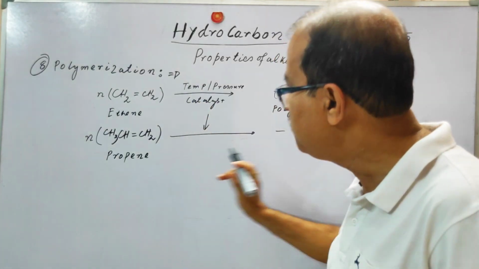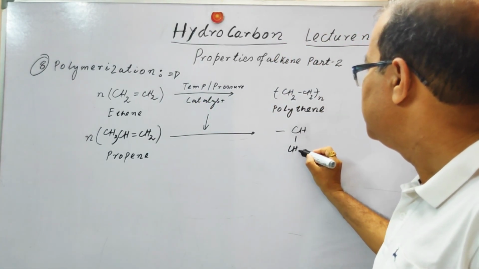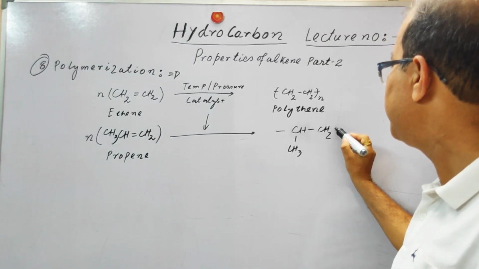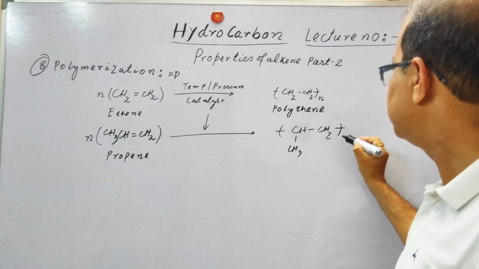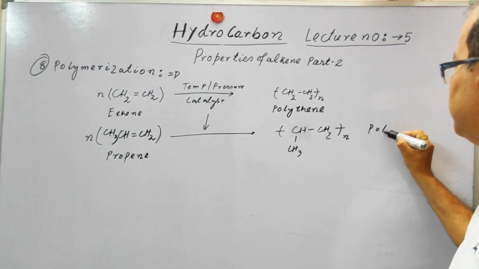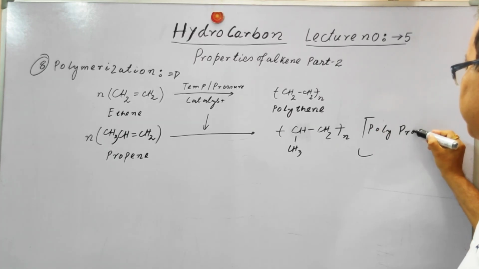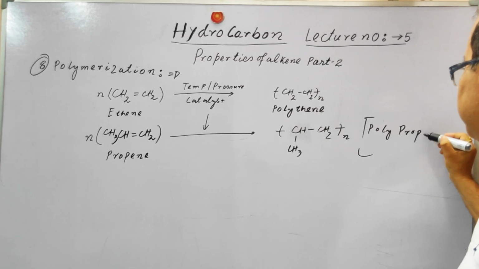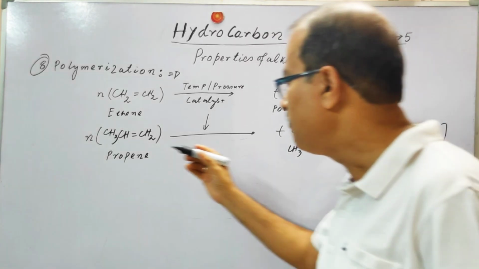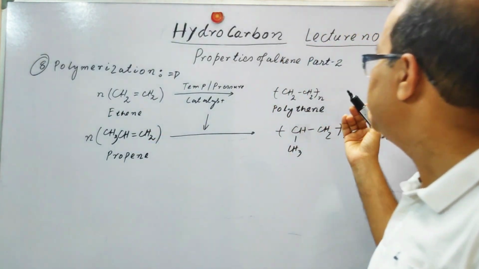Here the CH3 group will come as a branch, and this bond will be opened like this, and it is going to produce this. The name of this product is polypropene. So from propene we have produced polypropene, and from ethene, polyethylene.